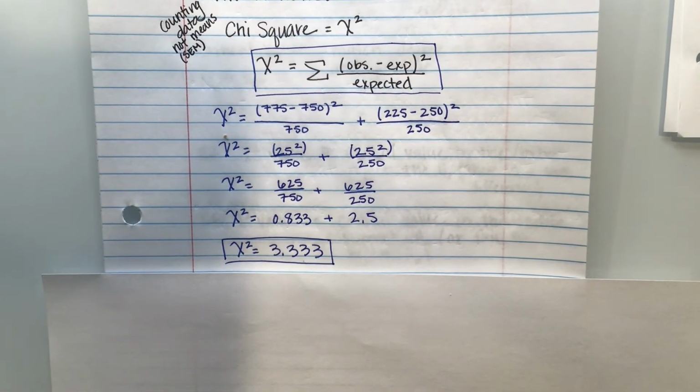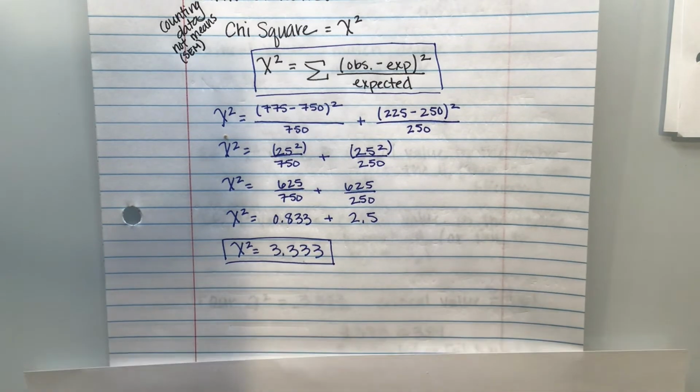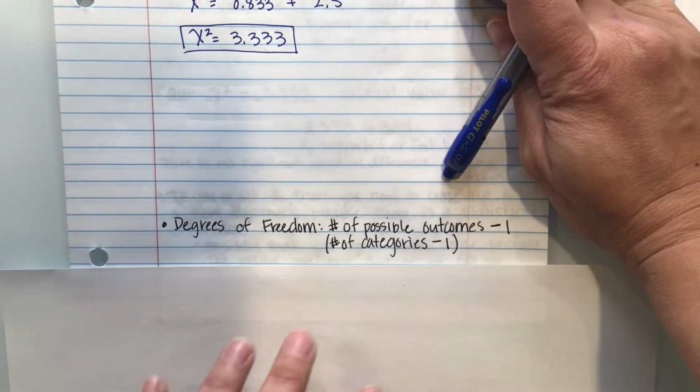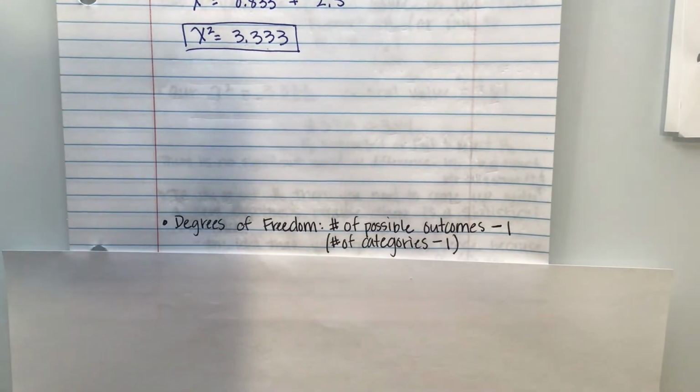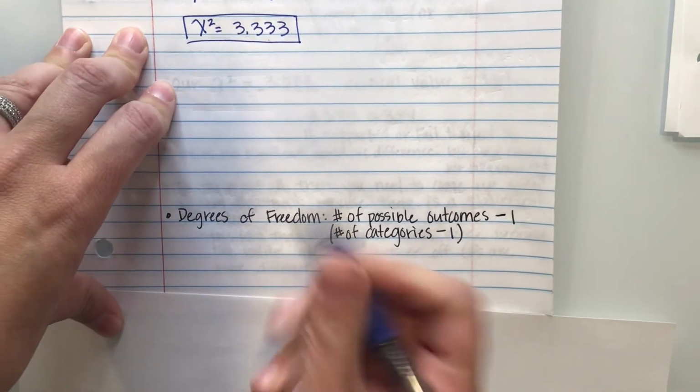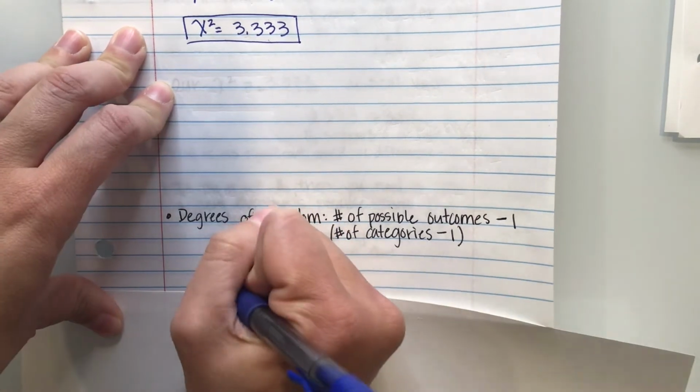Now we have to go on and we have to use this data a little bit more. We have to know something called our degree of freedom. And our degree of freedom is our number of possible outcomes that we could have, or our number of categories, minus 1. So when we look at our degree of freedom for this particular lab, we could have tall or we could have short, right?